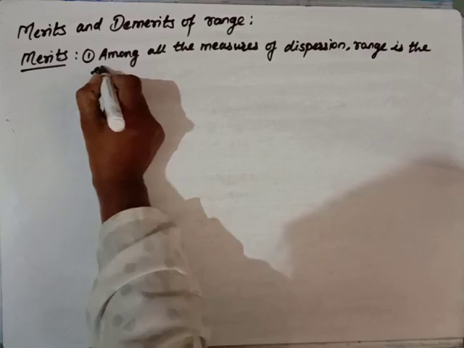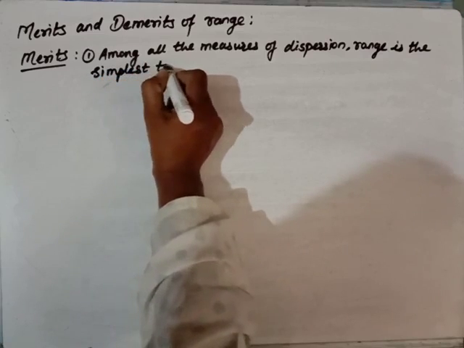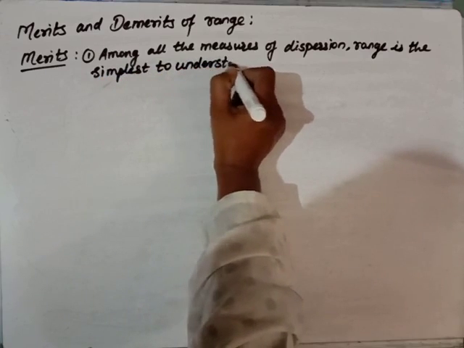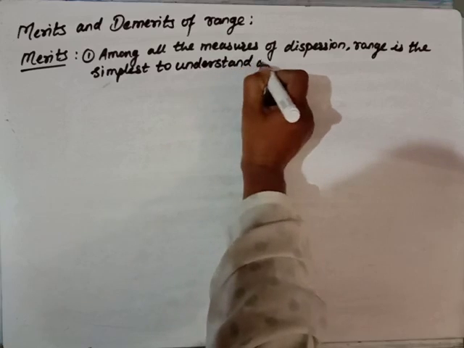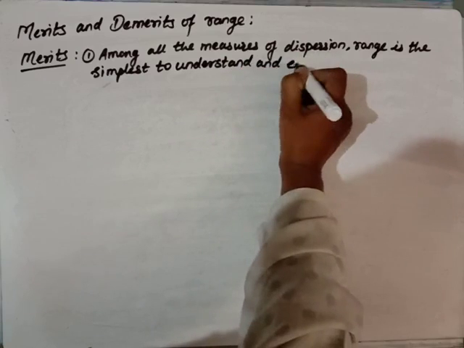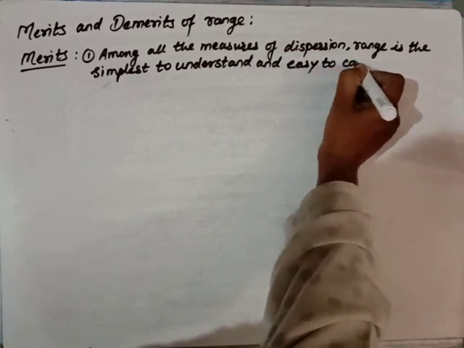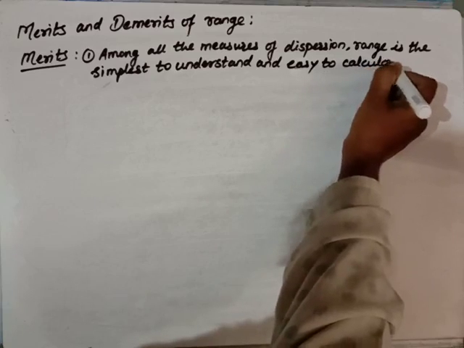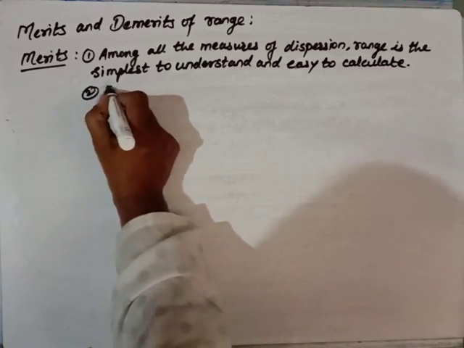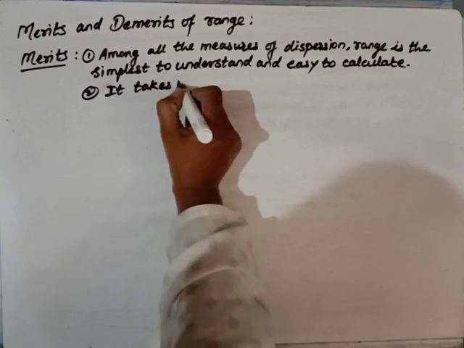Range is the simplest to understand and easy to calculate. Okay. The next one is that it takes minimum time.